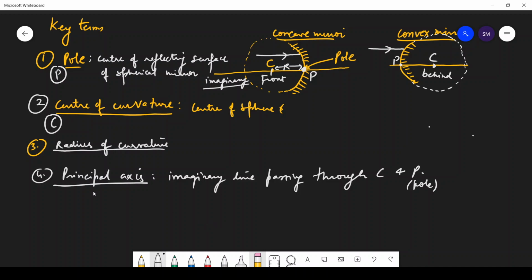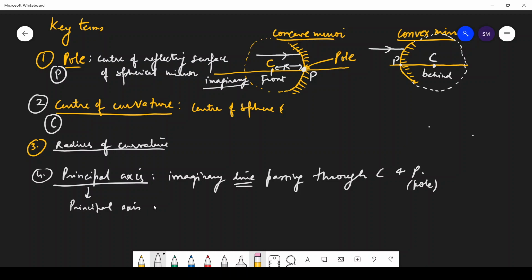Now another thing about this principal axis is that it is normal to the mirror at the pole. So it's a line, right?